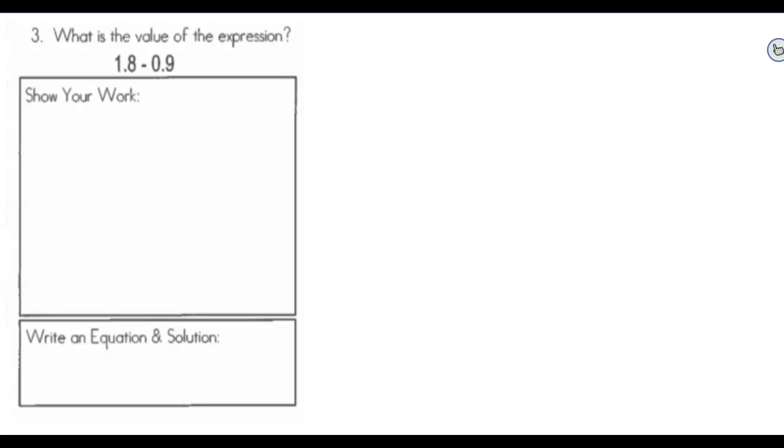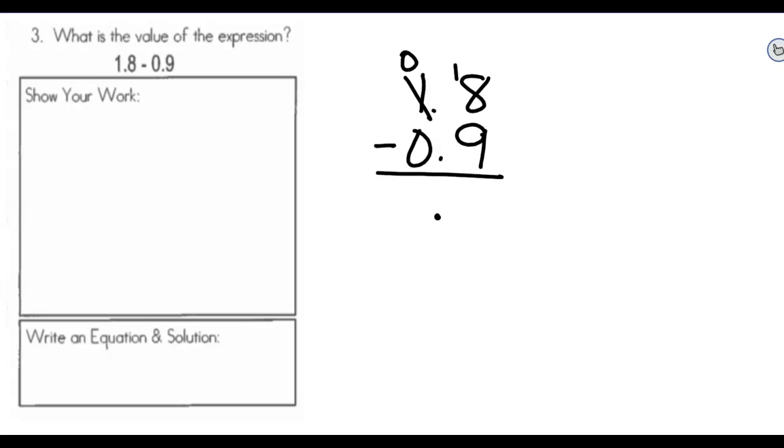Okay, find the value of the expression. I have a subtraction problem, so I am just going to line my decimals up. I don't have any placeholders, so here I go. I could borrow, it's going to end up being the same type of problem here, because see, it was 18 anyway, and then if I took the decimal out, so I just moved that over, and it's going to leave me with 9/10.